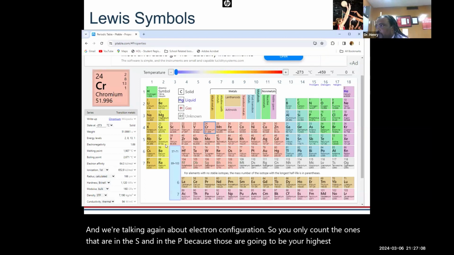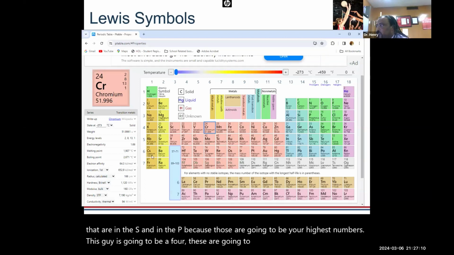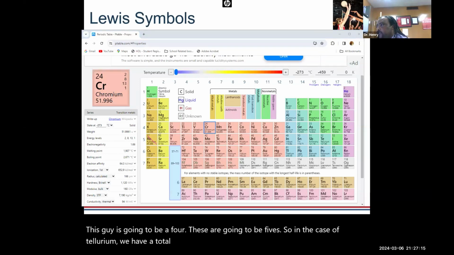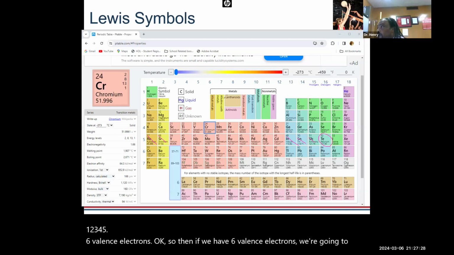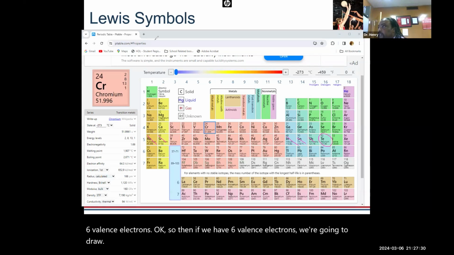This one is going to be a 4, these are going to be 5s. So in the case of tellurium, we have a total of 1, 2, 3, 4, 5, 6 valence electrons. So if we have 6 valence electrons, we're going to draw 6 dots around tellurium.